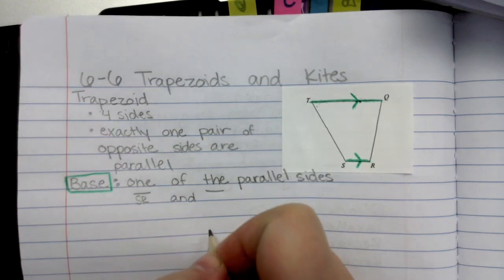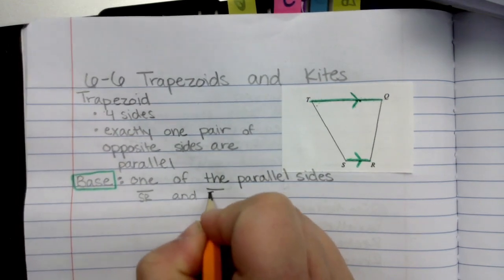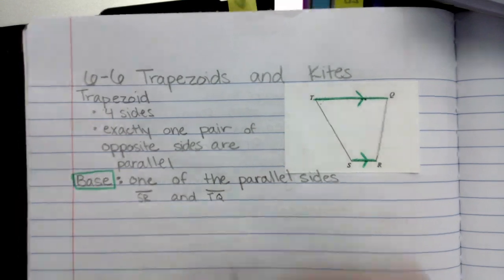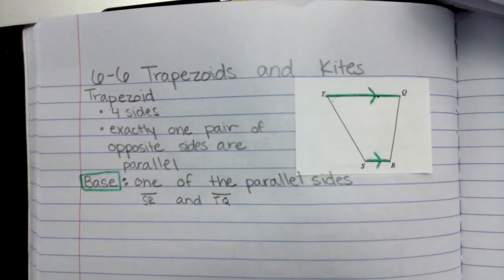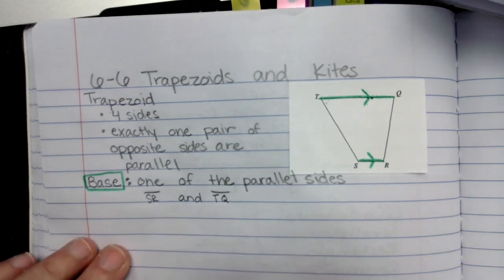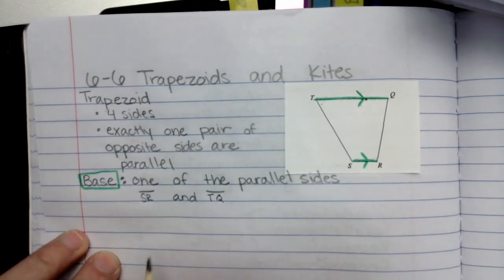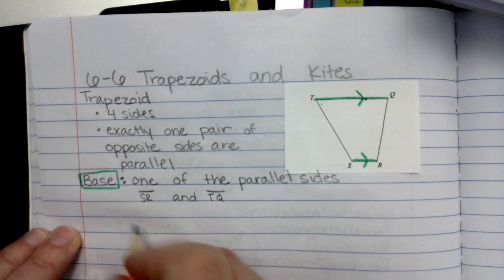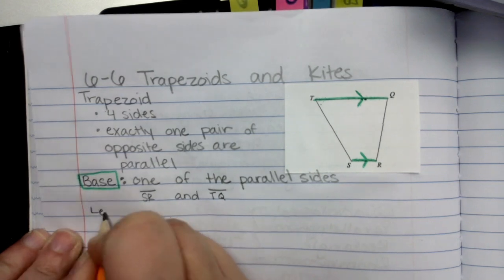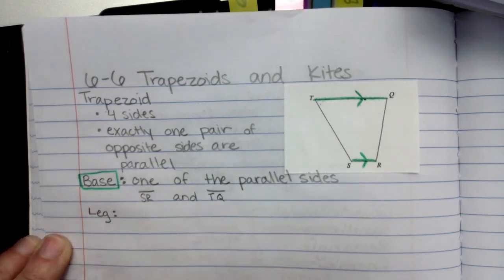Alright. Other than a base, the other thing we have is a leg. And again, when we say a leg singular, we're saying one of the not parallel sides, or one of the non-parallel sides. There we go. One of the sides not parallel.